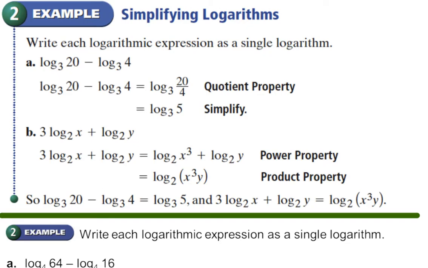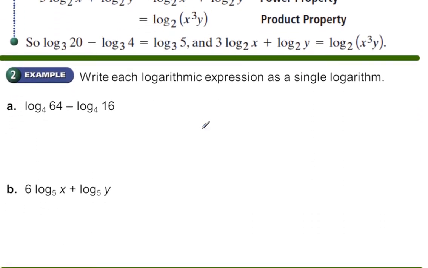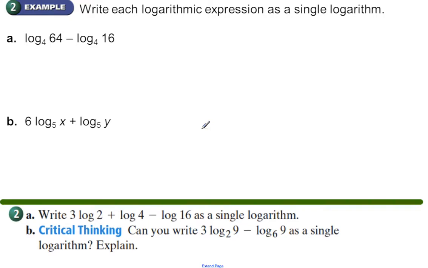Example 2, simplifying logarithms. Now we're going to take the ones which are subtracting or adding, and we're going to convert them using those properties to either multiplication, division, or exponents, and go from there. Write each logarithm expression as a single logarithm.